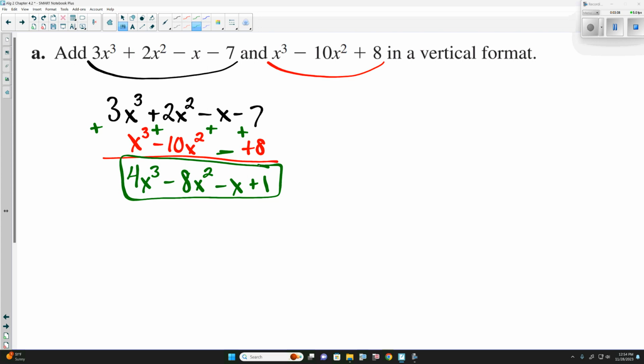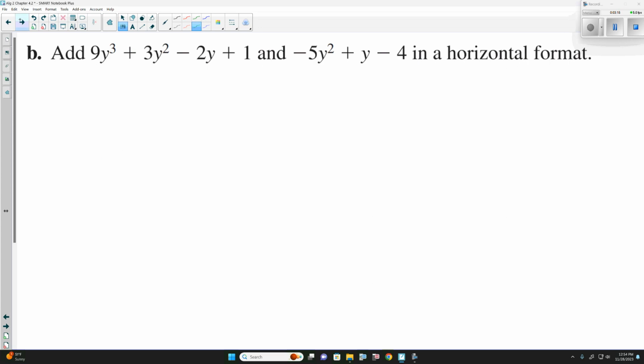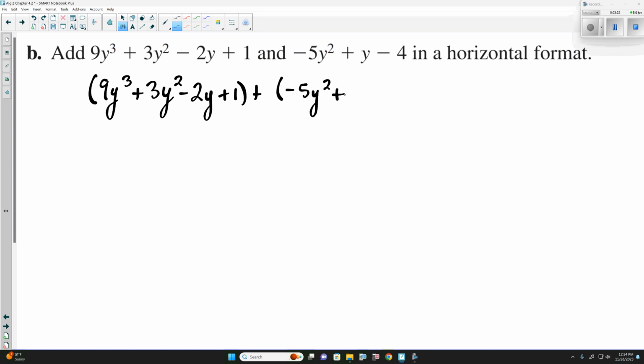Questions on this here? Adding two polynomials vertically is a little bit different than what we're used to, because in some ways we're used to adding them horizontally. Because when we add two horizontally, we have parentheses around the first plus parentheses around the second.